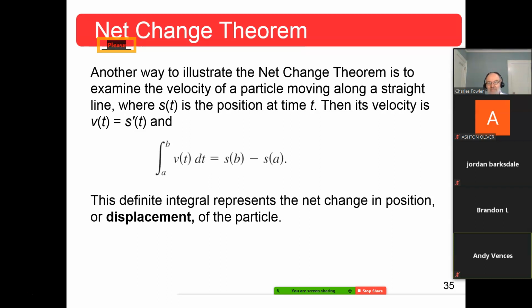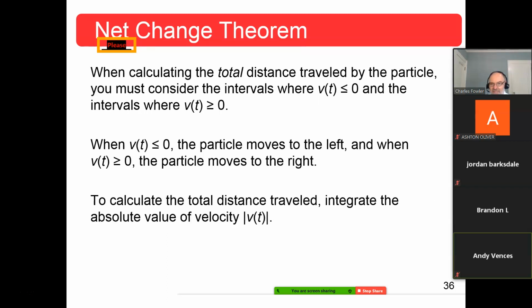That's the velocity. So the integral of a velocity gives you the displacement, because the derivative of displacement gives you the velocity. So that definite integral represents the net change in position or displacement of the particle in that time interval. A and B are times.